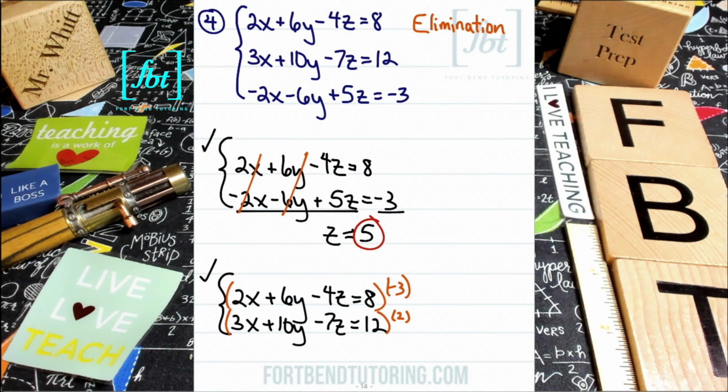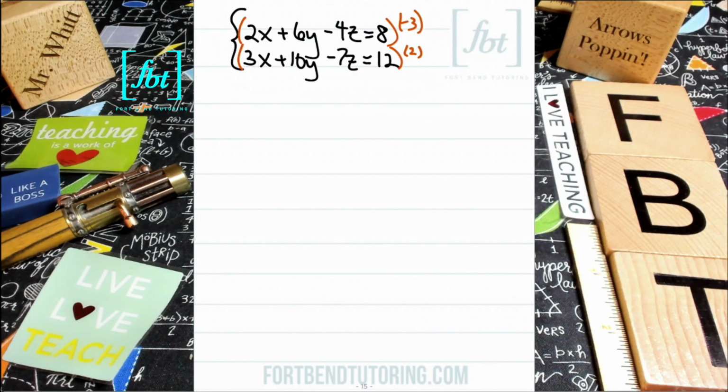That will allow me to eliminate them. So we're going to get our arrows popping just like this and distribute these scalars times each of the terms in their respective equations to end up with x terms that are additive inverses, aka opposites.